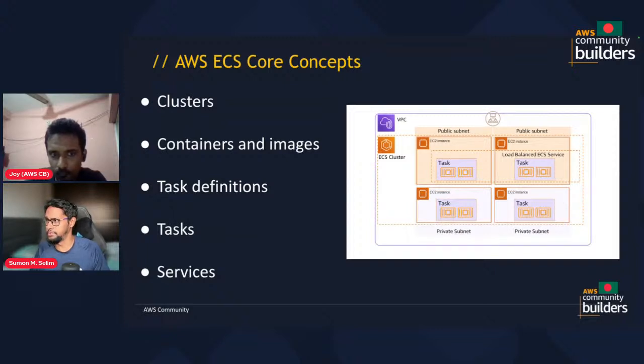And we can also use services for load balancing and a couple of other things. For example, here you can see we have defined two tasks. Two containerized applications are running here. So this task is responsible for running two containerized applications. Here also it is responsible for running two containerized applications, and this is the load balanced ECS service.